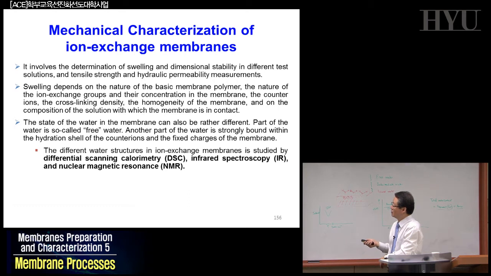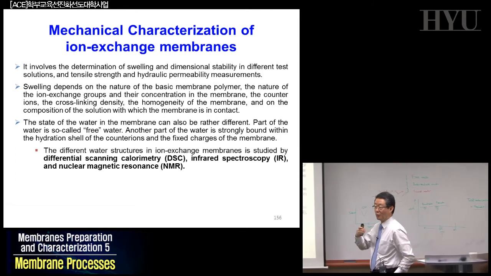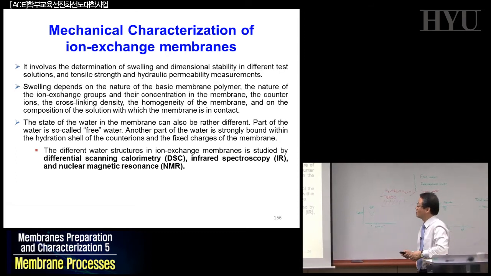This depends upon, of course, the cross-linking density, homogeneity of the membrane, and so on. And if it's swollen, then tensile strength will decrease, and permeability, particularly the water permeability, will of course increase because of the swelling.